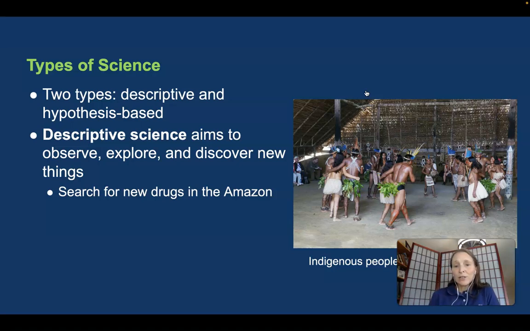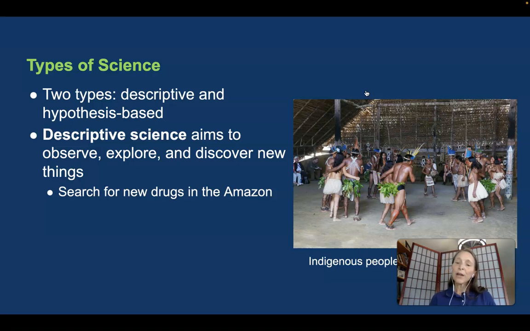We may be trying to identify new species of plants or animals in the Amazon to identify whether there are species that are undiscovered out there. This is descriptive science: we are looking to observe the natural world, explore it, and discover new things.